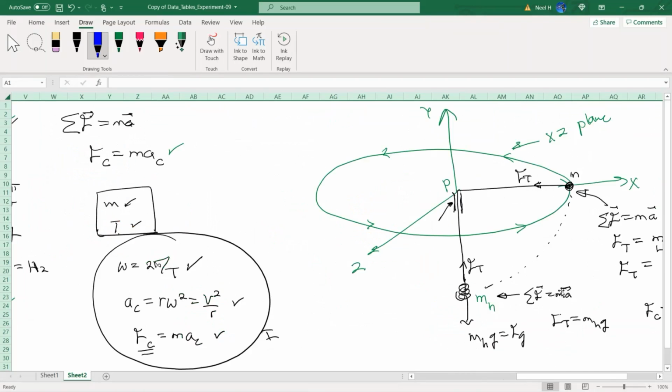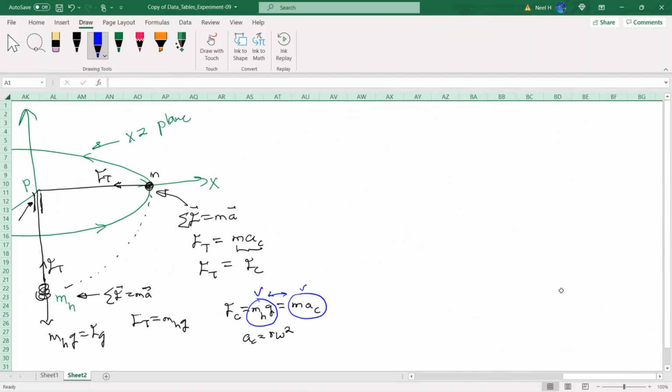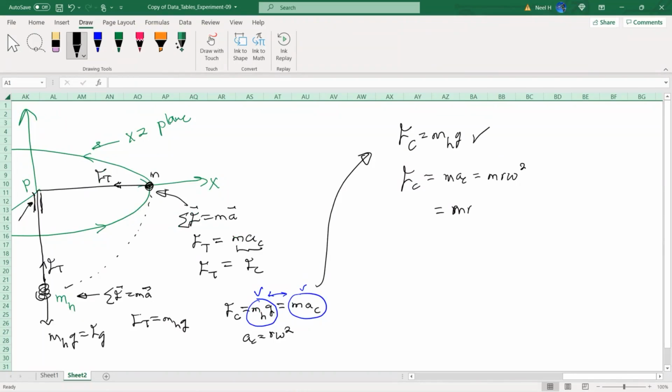Okay, then let's continue. Let's take a look at this equation a little bit further. Now we know F_c is just m_h times the gravity, that is method 1. Then F_c is also mass times a_c, so I can write m times R times omega squared, where omega is equal to 2 pi over T. This is going to be 4 pi squared divided by T to the power 2.